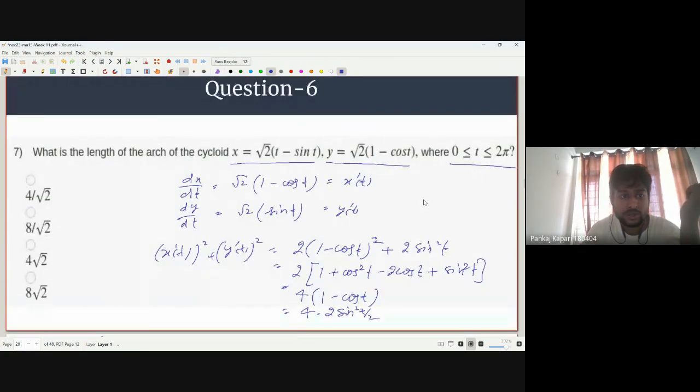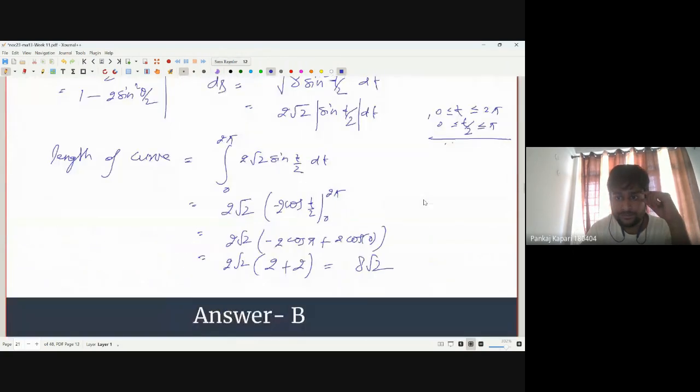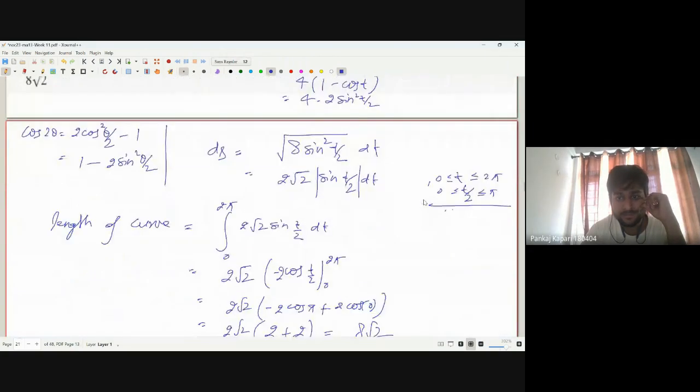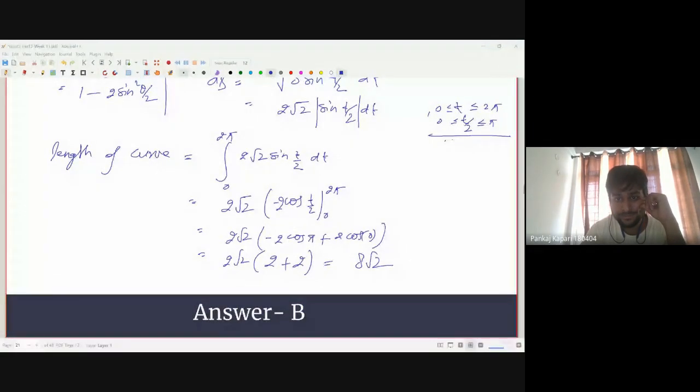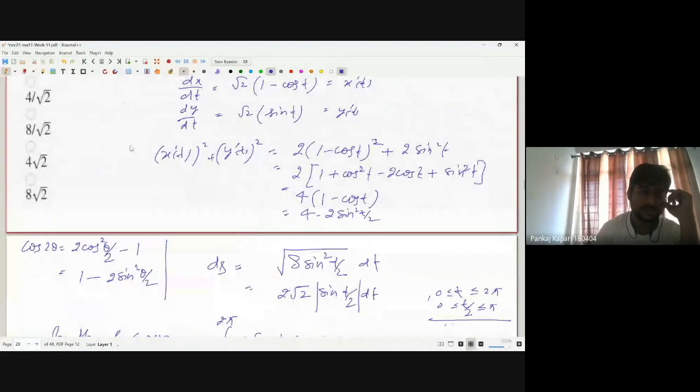So 8 root 2 is the correct answer. The last option is correct here.